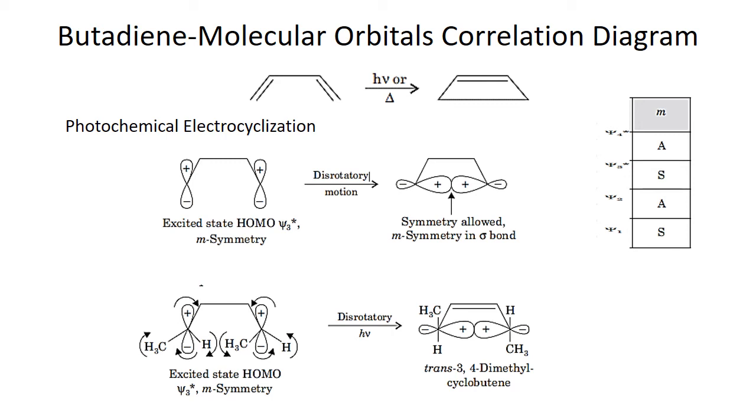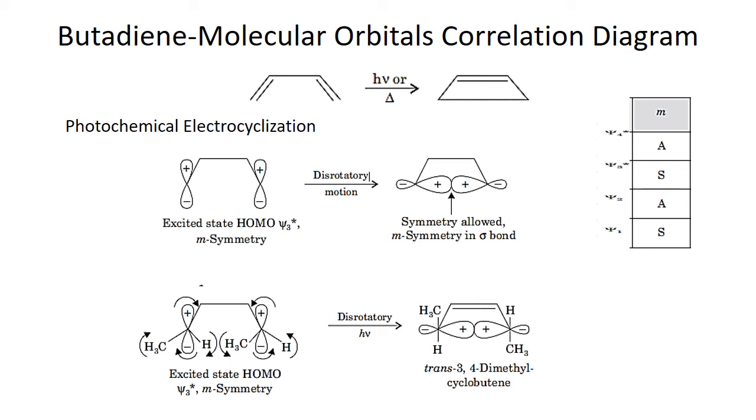When we talk about the formation of the sigma bond, disrotatory means that these two are moving in opposite directions, so either negative lobes or positive lobes are coming together. So it is symmetrically allowed. In this case again mirror plane symmetry is there.